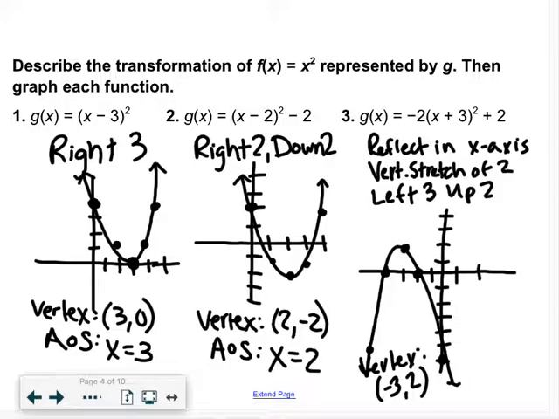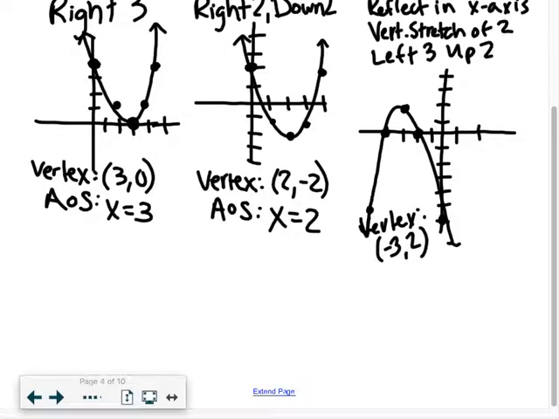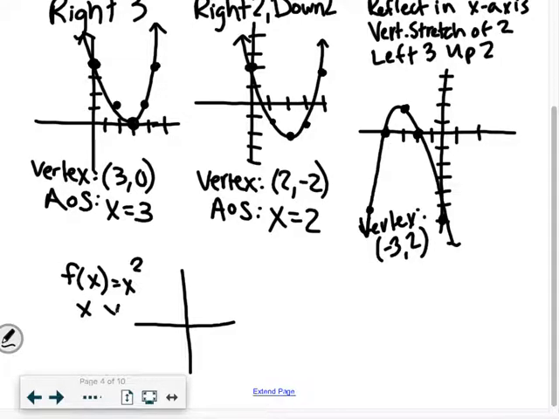Why the second set of points? Why would you go up 9 or up 1? That is based on the parent graph. So remember we did parent graphs in chapter 1. Okay, so f of x equals x squared. When we did f of x equals x squared, we used a table of values.